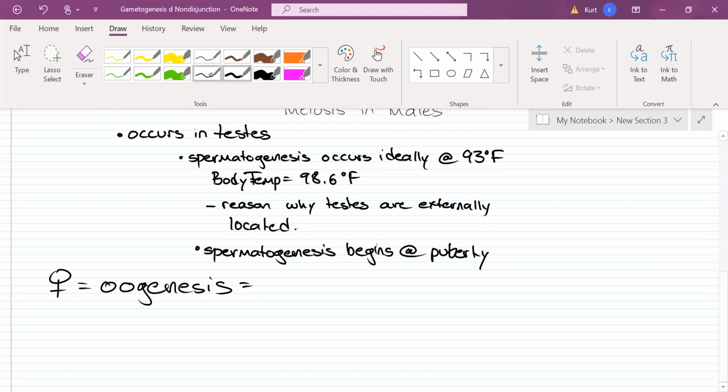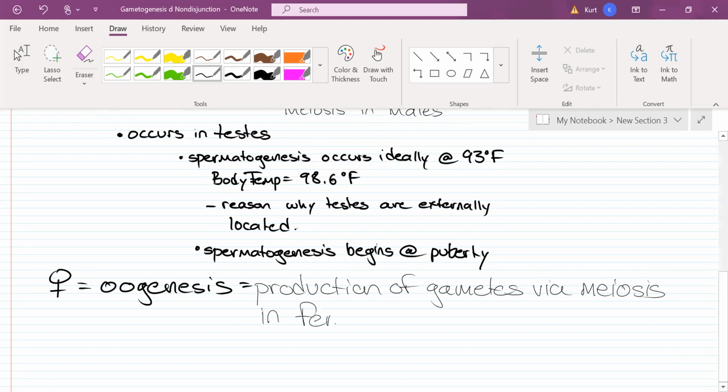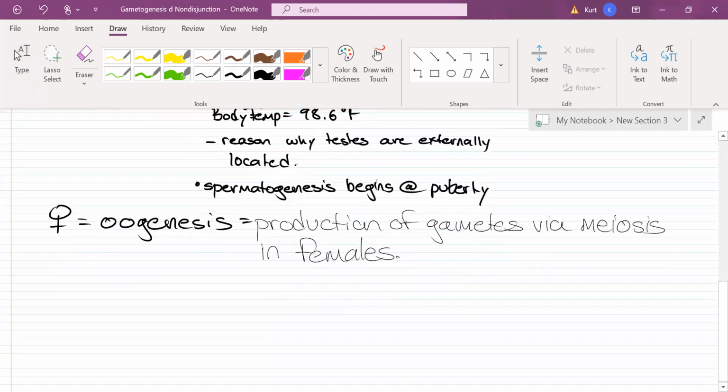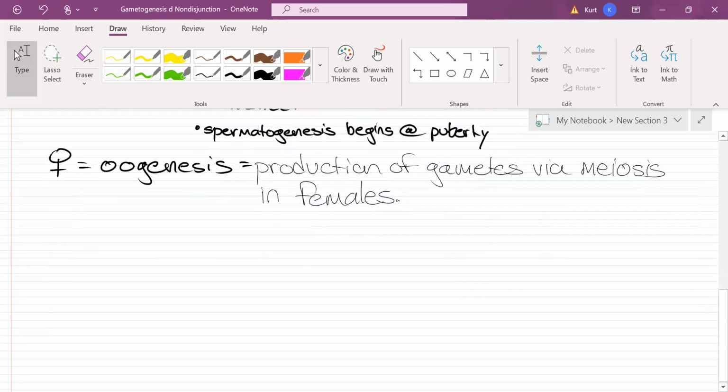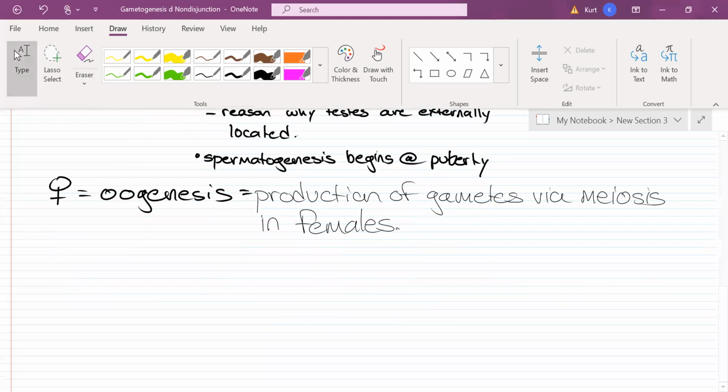So this is going to be the production of gametes via meiosis in females. So this does occur in the ovaries.